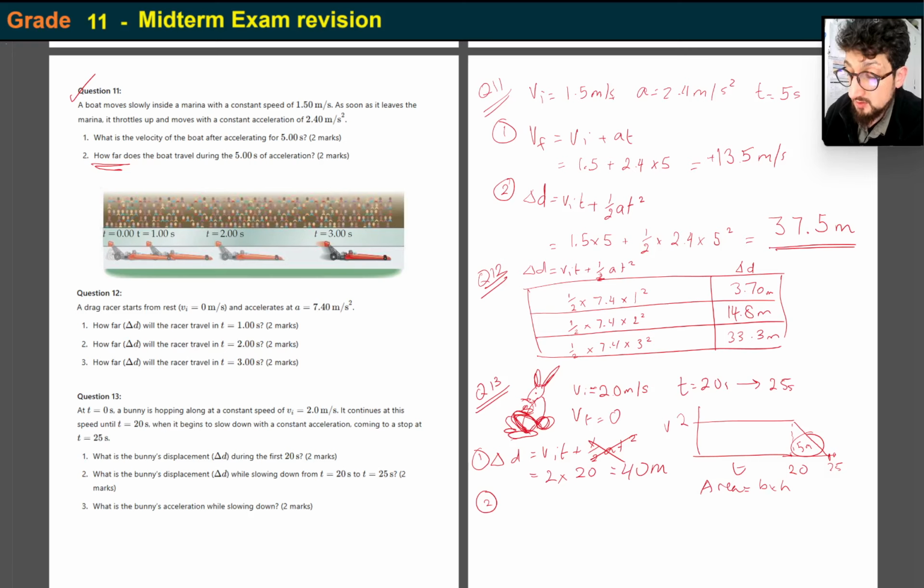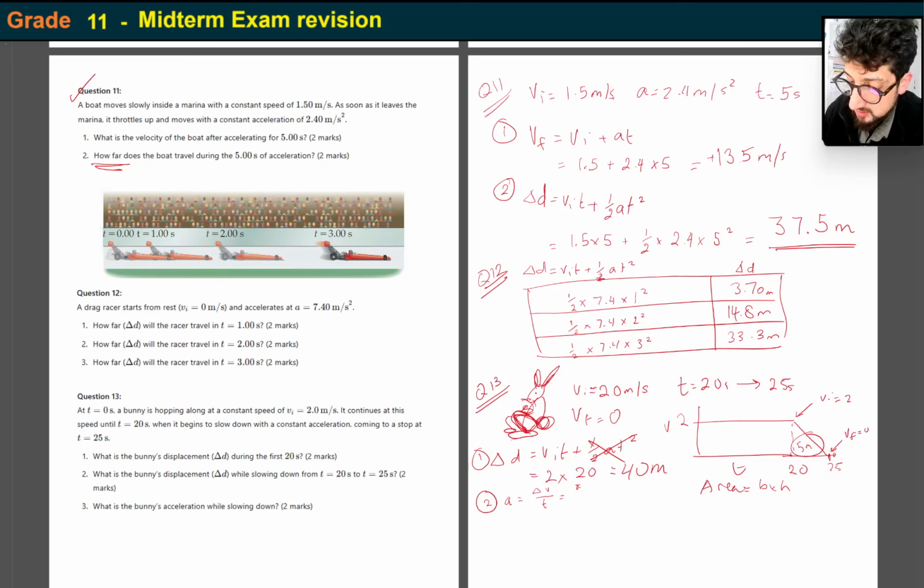But if you want to do it a different way, you can do it by working out the acceleration, right? First, the acceleration in the last bit is going to be change in velocity over time, which is 0 minus 2, because that's the initial velocity. That's vi, which is 2, and that's vf, which is 0.